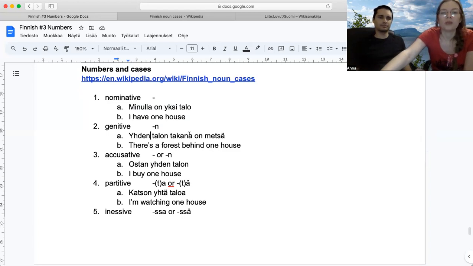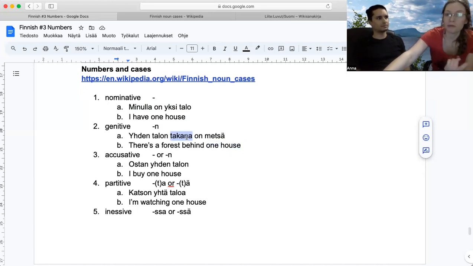So we always begin with the combination of the number and noun, which we put into the genitive case because we have the postposition takana that always requires the genitive before it.